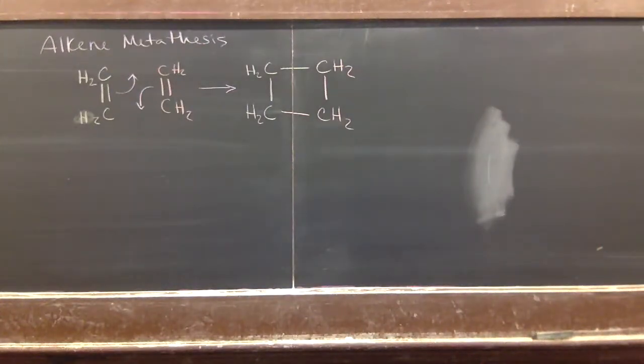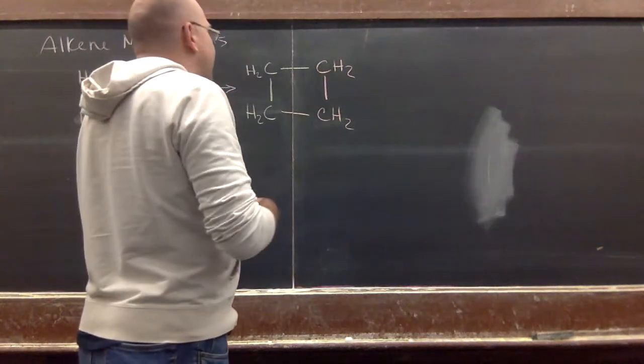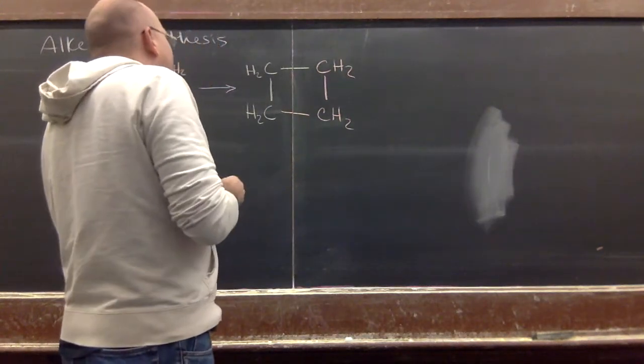We know that this 2 plus 2 is not a thermally allowed process. You can do this photolytically for the reasons that we stated earlier when we were talking about cycloadditions. But we're just going to use this as a method to understand how metathesis works.